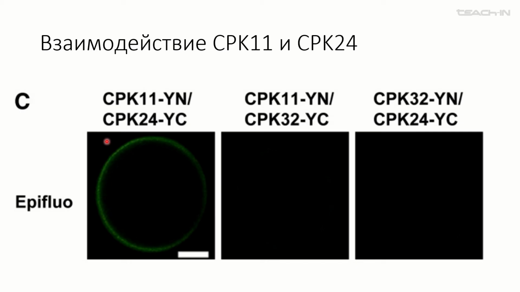В данной ситуации N-конец желтого флуоресцентного белка слит с CPK11, C-конец слит с CPK24, и ни N-конец по отдельности, ни C-конец сам по себе не флуоресцируют, но когда белки взаимодействуют и эти два конца подходят достаточно близко друг к другу, появляется флуоресценция. И здесь мы видим, что флуоресценция есть по плазматической мембране.